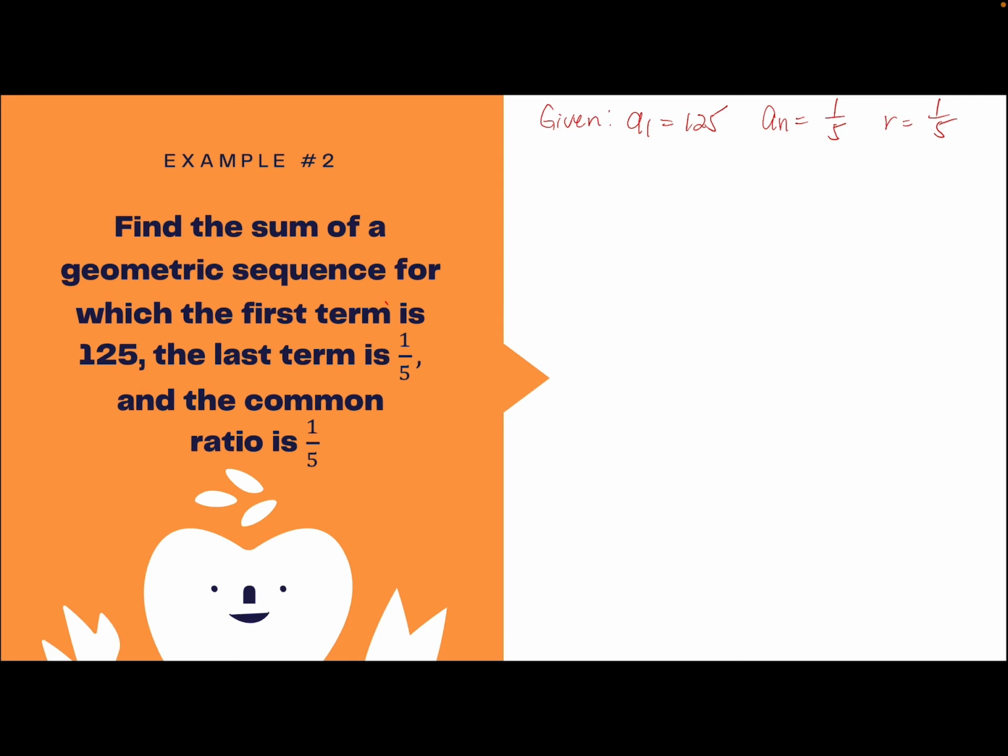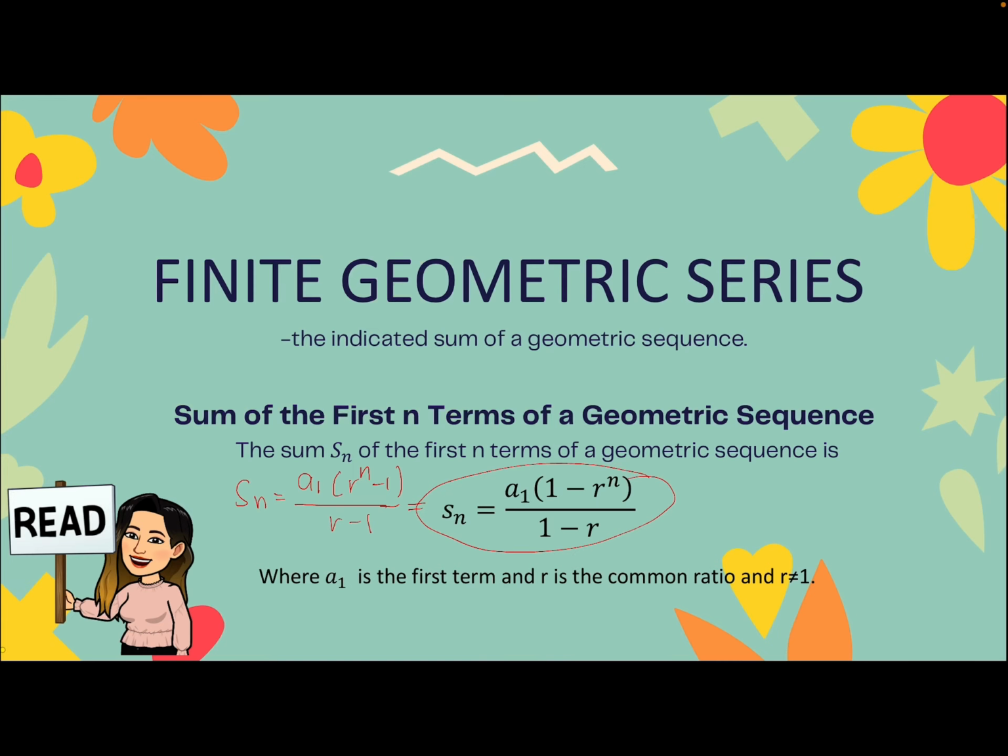On this one, let us replace the given in our formula. What formula will we use here? This is the formula we will use: S sub n is equal to a sub 1 times the quantity 1 minus r raised to n, divided by r minus 1.